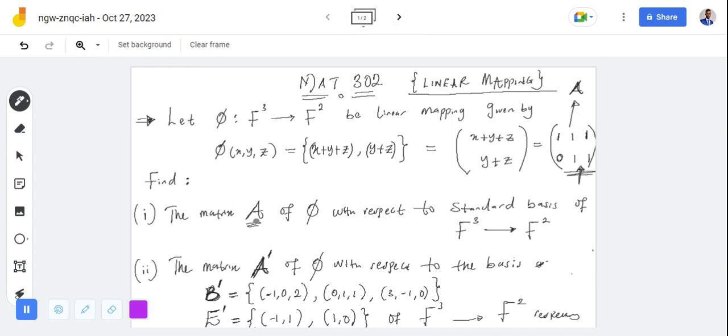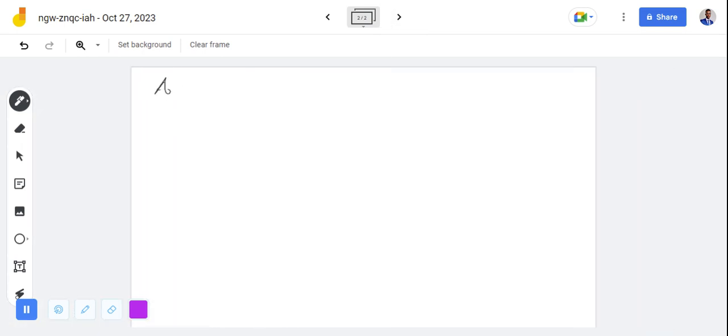So how do we find matrix A with respect to the standard basis? How do we find matrix A with respect to the standard basis of F3 from F3 to F2? Now, a standard basis, like I said, you always have the standard basis of F3.